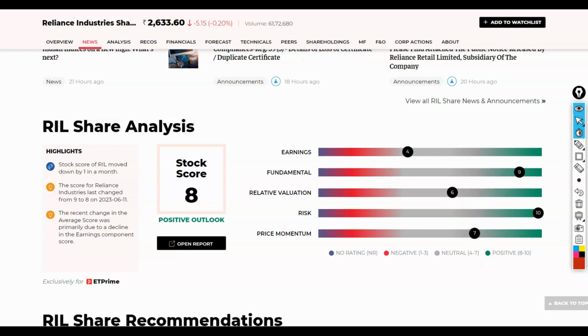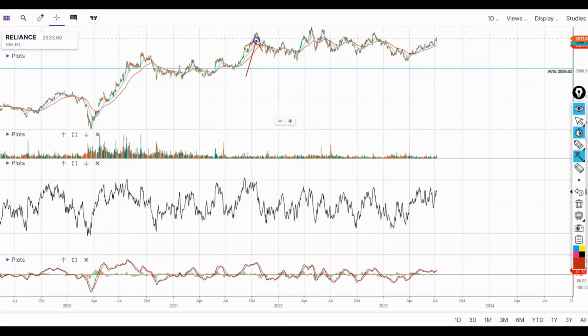Now let's look at this level, and count the touches: 1, 2, 3, 5, 6, 7, 8, 9, 10, 11. So this is the 11th time it is trying to cross this level of 2650.